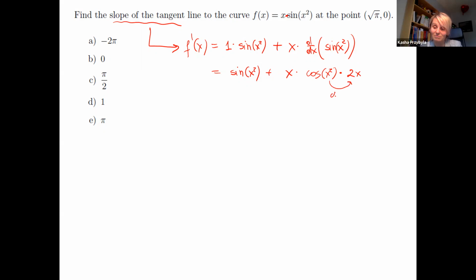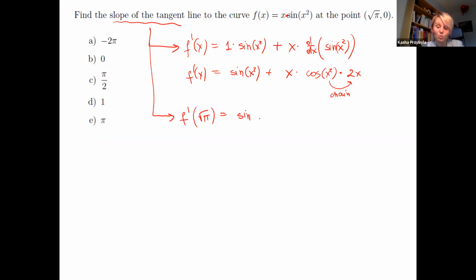That's my chain rule: follow with the derivative of the inner function, which in this case is the angle. Good. Please do not forget about this. Now we can substitute. This is still the derivative of x. We actually want the slope, so it's more appropriate to find the value of the derivative at the given point.